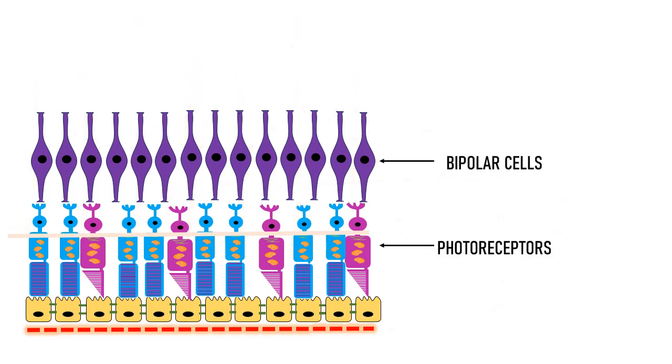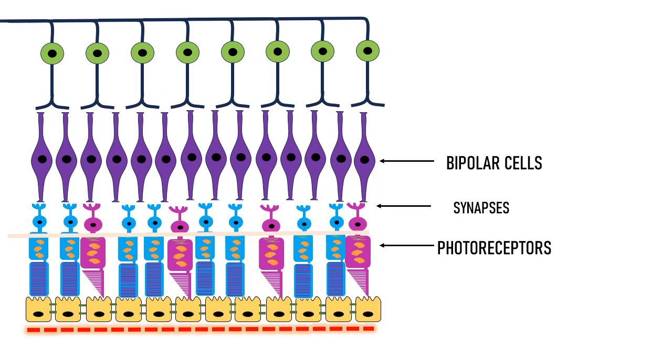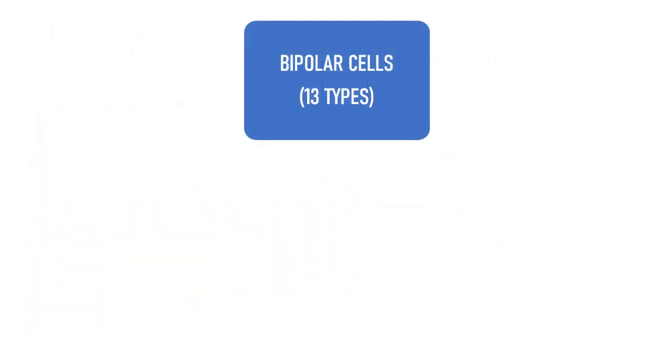Bipolar cells receive input from the photoreceptors through synapses in the outer plexiform layer. Then they process the light signal, and the axons of these bipolar cells terminate as synapses onto the cells that are present in the layer above them, which is the ganglion cell layer. Thus, bipolar cells are the first order neurons in the phototransduction cascade because they are the first to synapse with the photoreceptors.